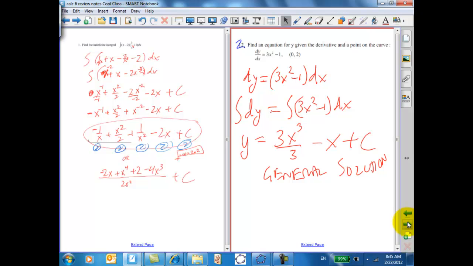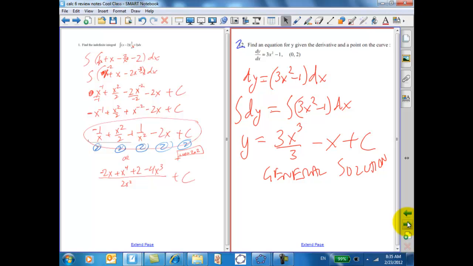Okay, here number 2. Now this one's a little different. It seems to be the same thing, except you're giving extra information, which basically is getting you to a specific solution. If you just do the antiderivative of both sides, and notice I like doing this thing where I move the dx over here, so I took the derivative of y with respect to x to get this. Now I have to take the antiderivative, so I like to separate the variables and do that.